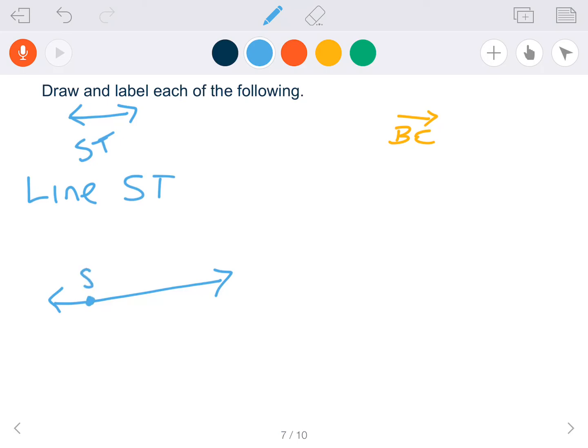Put a capital S and a capital T with 2 points on that line. Second diagram, we got ray BC. The endpoint is B, so I would start with B, draw half a line going one direction, and put point C. Put that it is going through point C.